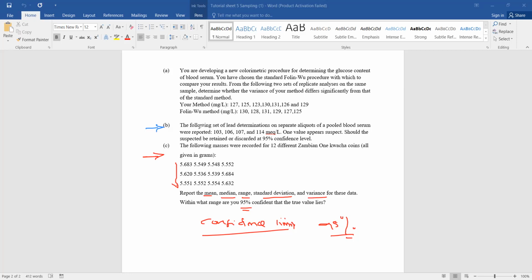So again, this is one and the same. You would be dealing with the Q test. So find the outlier. In this case the suspect is basically 114. It appears to be far away from the other values. So that one will be the suspect. Then your immediate neighbor is 106 and 107, and find the range. Then from there, you can find the tabulated value from the table, calculate Q, and comment on whether the value must be retained or discarded at the 95% confidence level.